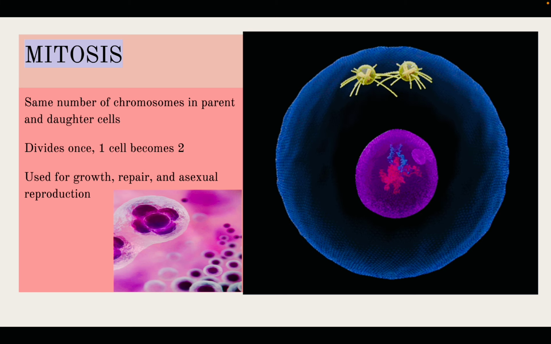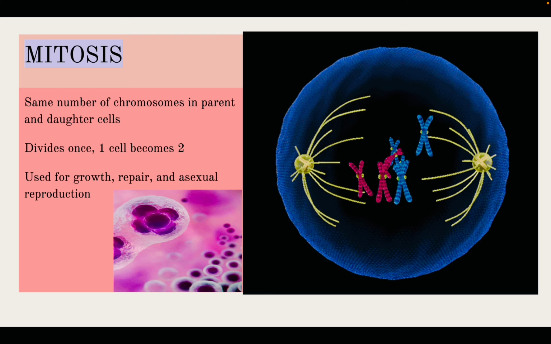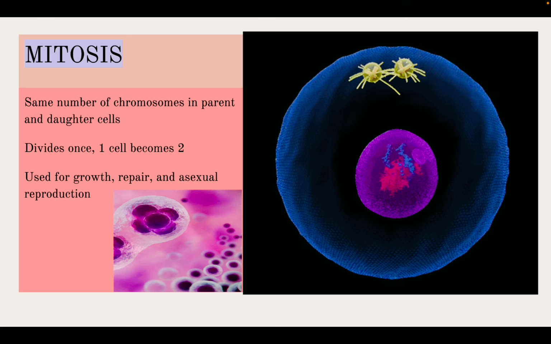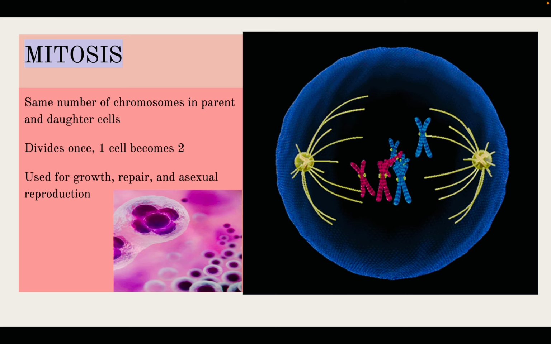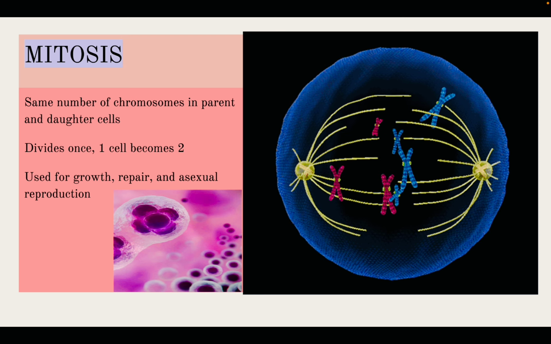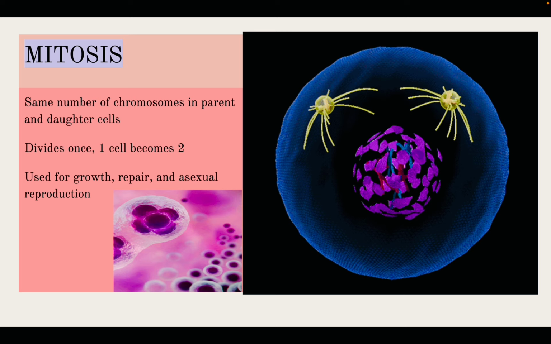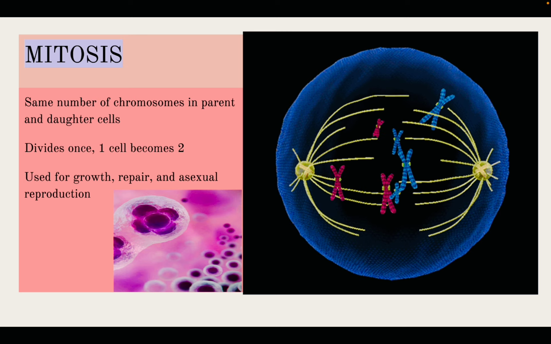So basically, this process is vital for growth, like when kids grow taller, or repairing tissues, and in some organisms, asexual reproduction. So think of mitosis as your body's way of making exact copies of cells to keep you alive, basically.